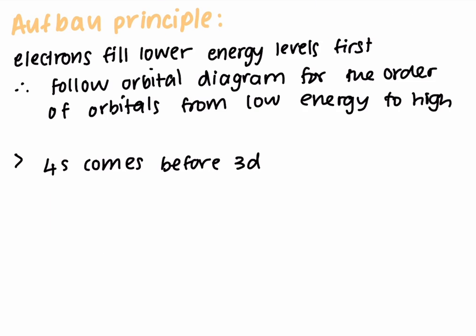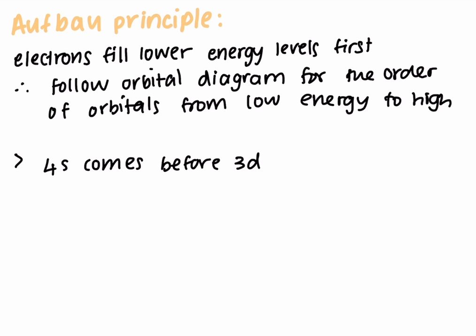So there are two rules that you need to remember. The first one is the Aufbau principle. Basically the principle states that you must fill electrons from lower energy levels first to higher energy levels last. So this is where our orbital diagram comes in, because if we follow the orbital diagram, it will order our orbitals from low energy to high energy.